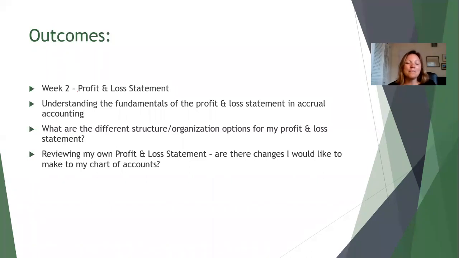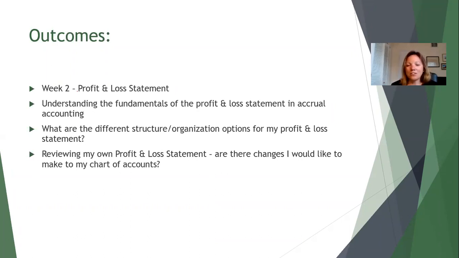The next outcome we're going to cover is understanding a little bit about the different structure and organization options on my profit and loss statement. Depending on if you're thinking, I don't want to deal with my own right now, I just want this to be theory, then this could be something we benchmark for later. But at some point, a lot of times I get the question of what should my chart of accounts look like and what should my profit and loss statement look like?